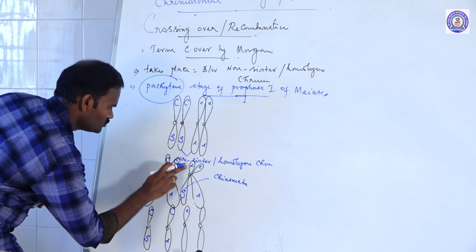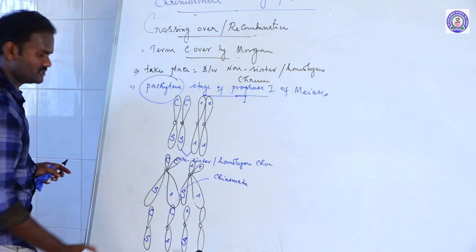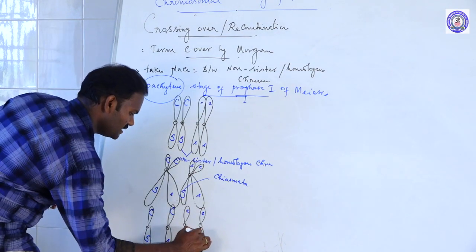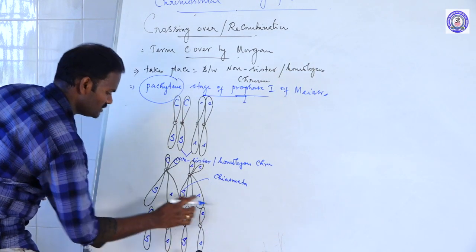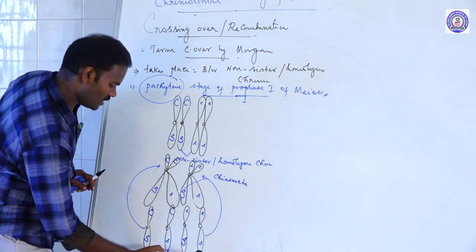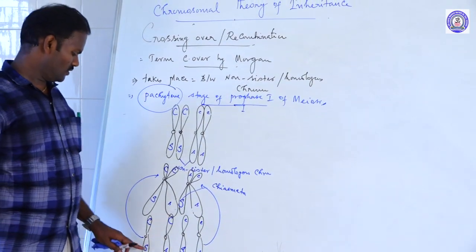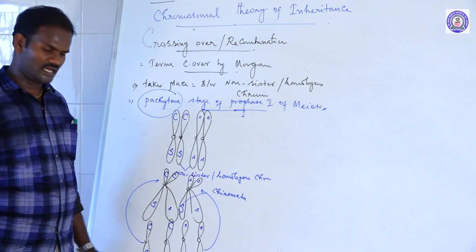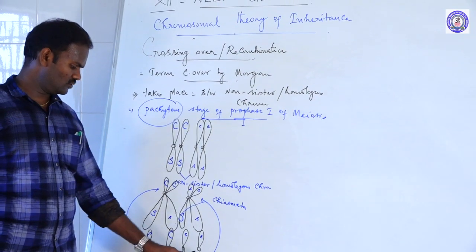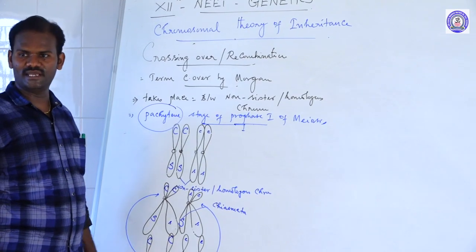Next, small c with capital S, crossing over takes place. Then small c, small s, no crossing over. These are the parental combinations. But these two are recombinations, or new combinations. As a result, 4 types of gametes are formed. Among the 4 types, 2 are like the parental combination, and these 2 are recombinations.